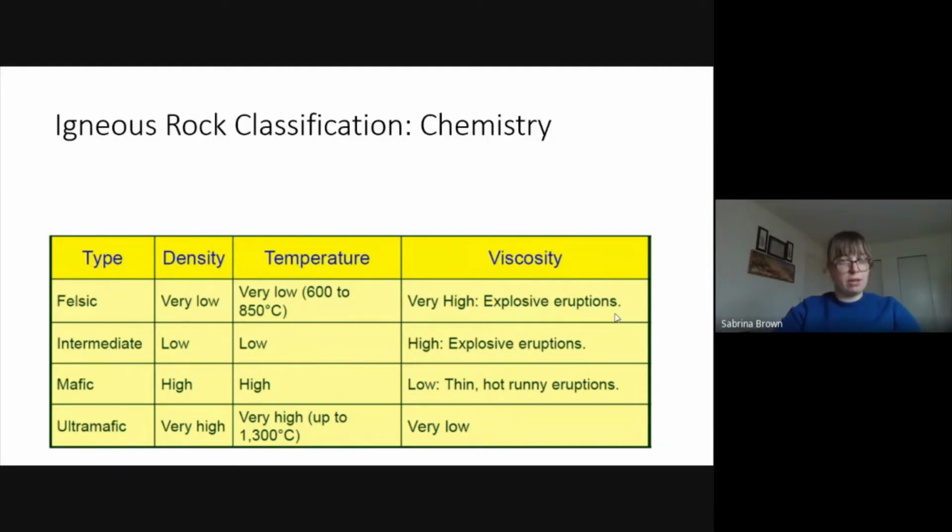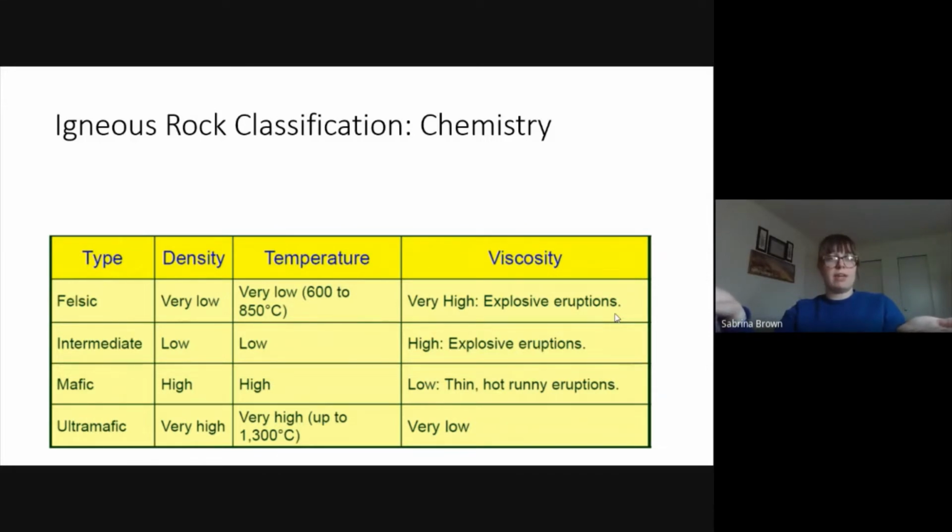But we have something called felsic chemistry or felsic minerals, and our felsic minerals make really high viscosity magmas, right? So felsic magma has really high viscosity. Because it has really high viscosity, it's very sticky.